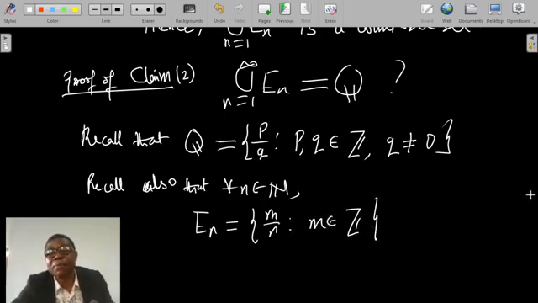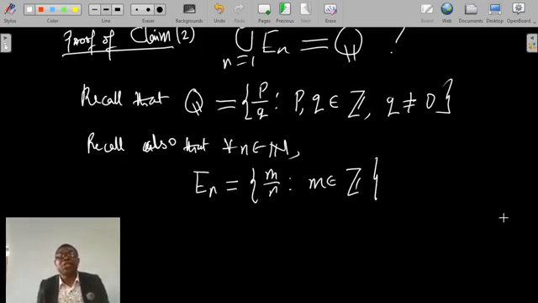We'll recall this. Now, with this, it is obvious, therefore, that for each n, En is a subset of Q.